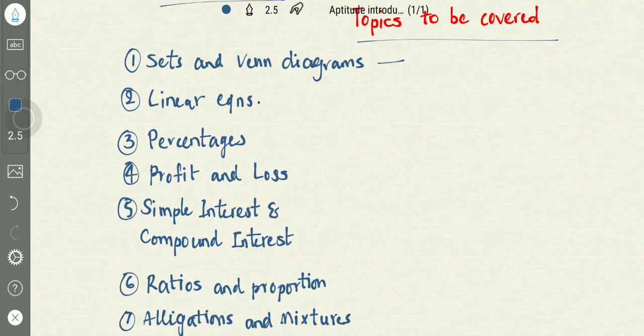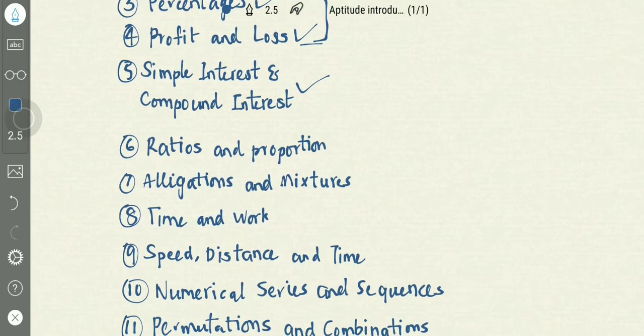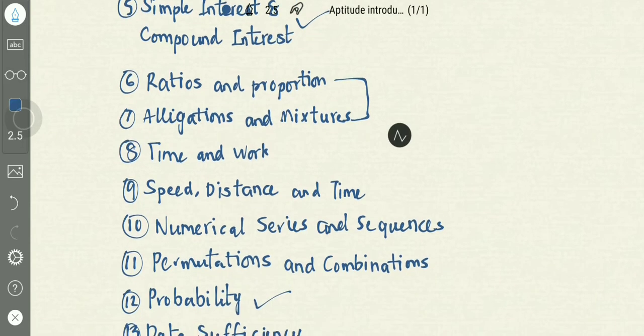But sometimes these questions can be asked directly in the GATE. Then linear equations, this is important, and percentages, profit and loss, these two are related. Simple interest and compound interest, these questions are asked frequently. Ratios and proportion, alligations and mixtures, these are also related subjects.